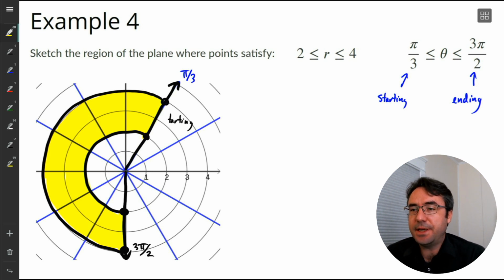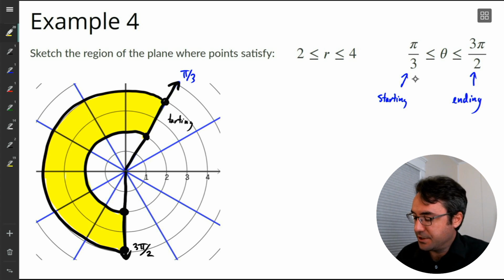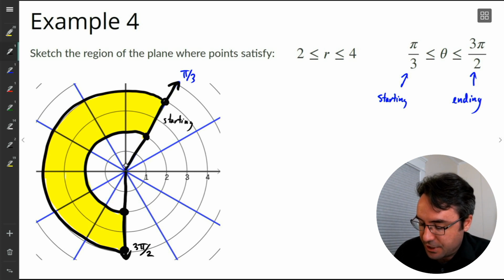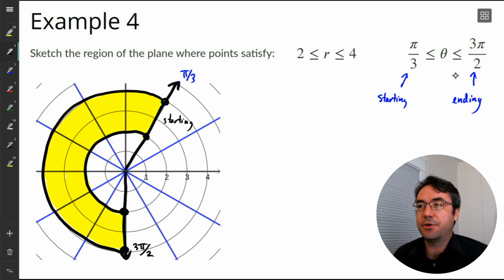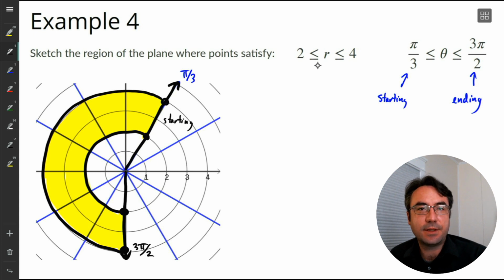All right, so this is really how to think of these when you're sketching polar regions. You really start with the angle. You imagine you have your starting ray, and then you have your ending ray, 3 pi over 2 in this case. Then you look on that starting ray at the r values.